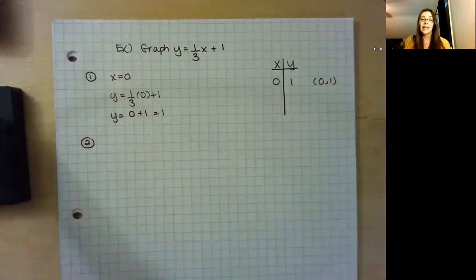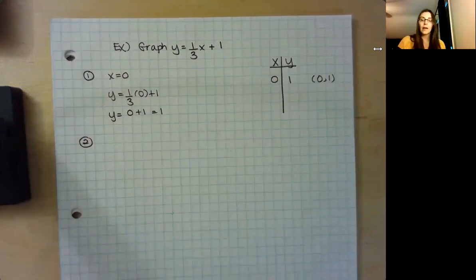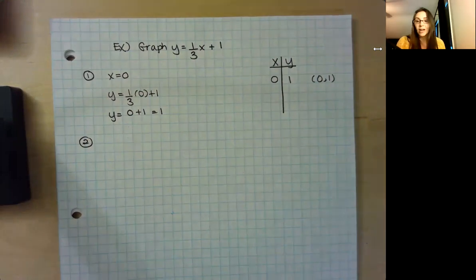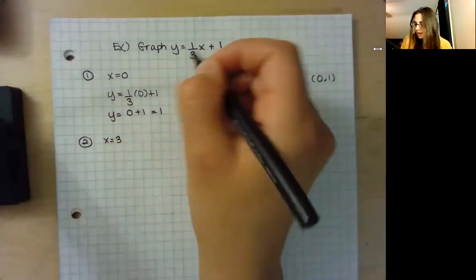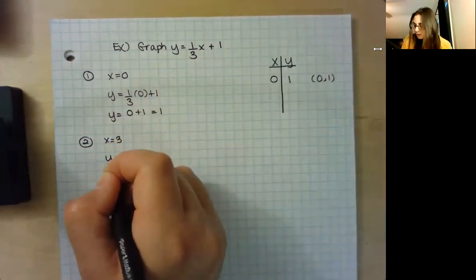All right. Now, again, I could pick y values if I want. So I can do that. I just kind of want to try to cancel out that fraction personally and get rid of it. So I'm going to try to think of an x value that would cancel with a denominator of 3. And if I choose x equals positive 3, then I should be able to get this to cancel, right?